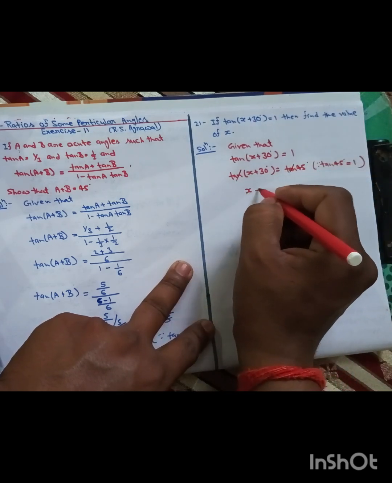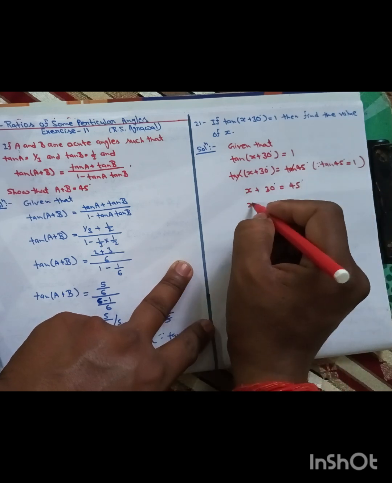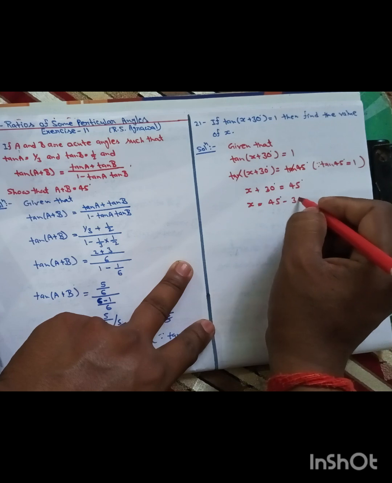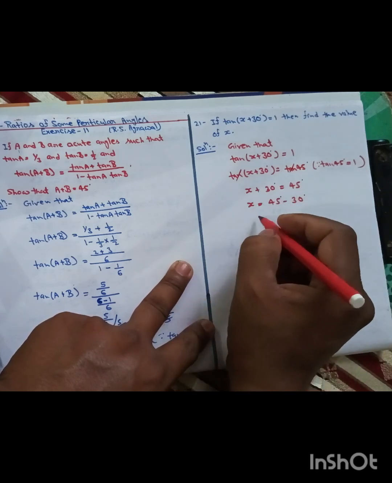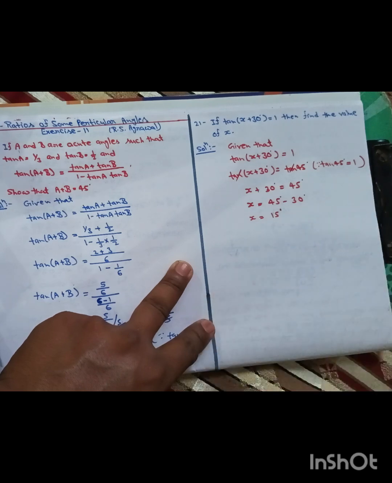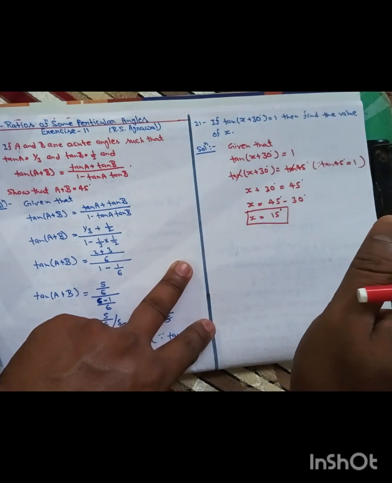We will get x plus 30 degrees is equal to 45 degrees. So x will be 45 degrees minus 30 degrees by transferring. So now we get x is equal to 15 degrees.